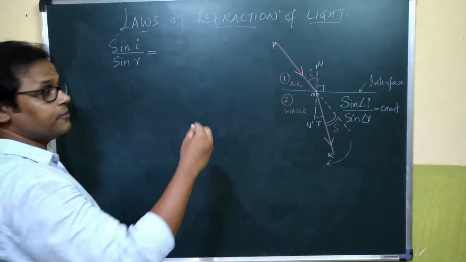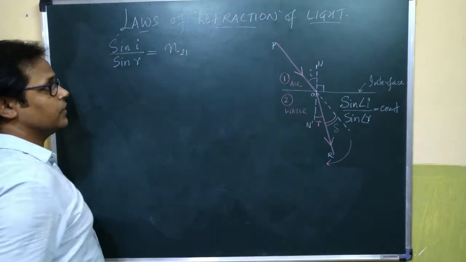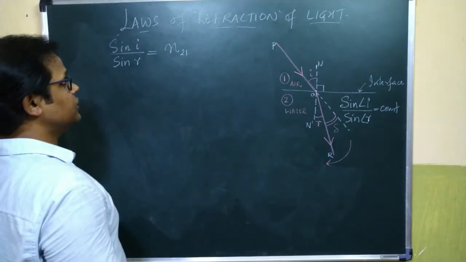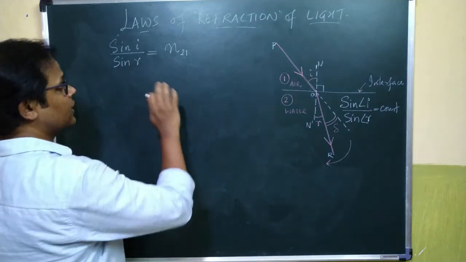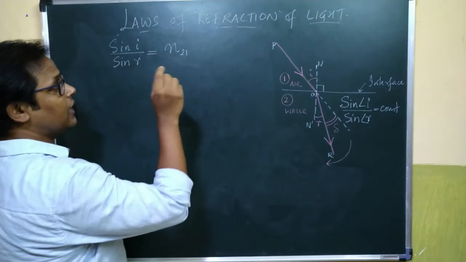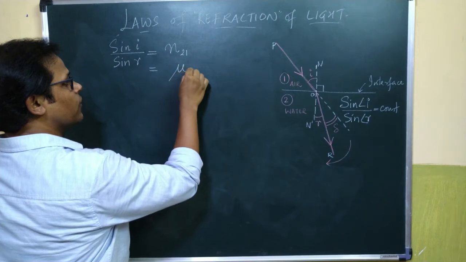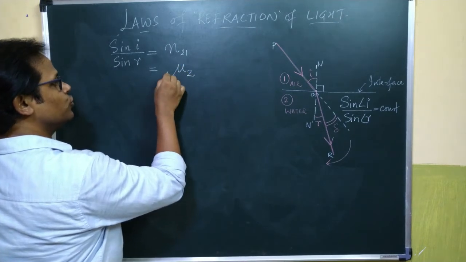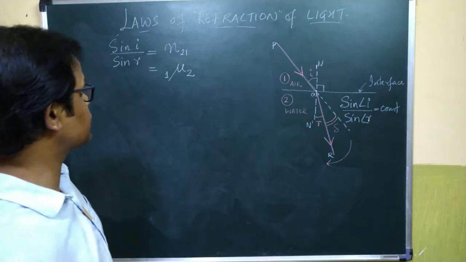That constant is replaced by a symbol n21. Just a caution here: if you are a CBSE student, the book follows n21, nothing to worry. If you are an ICSE student, the book follows the symbol mu21. This is the way of writing in the ICSE textbooks.